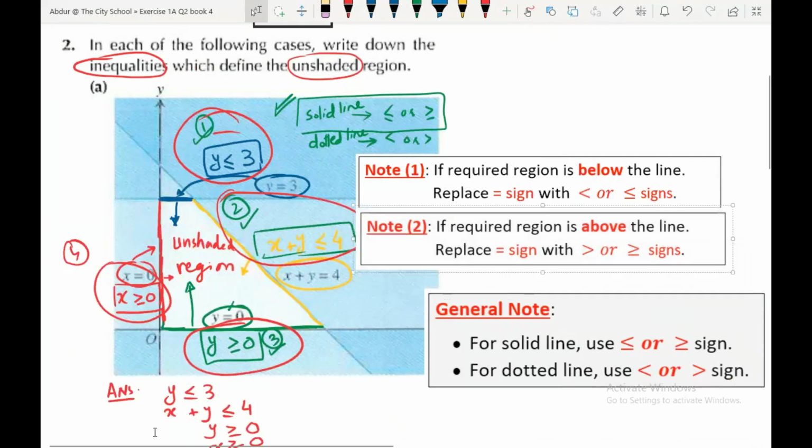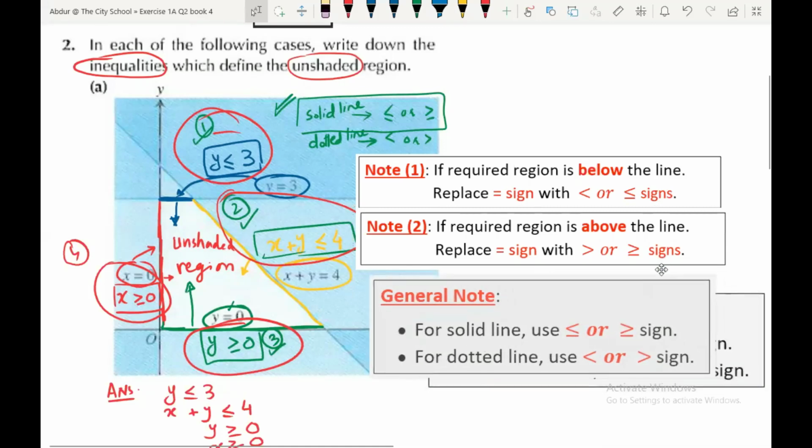Note number 1: if the required region is below the line, replace the equal to sign with less than or equal to signs. Note number 2: if the required region is above the line, replace the equal to sign with greater than or greater than or equal to sign.